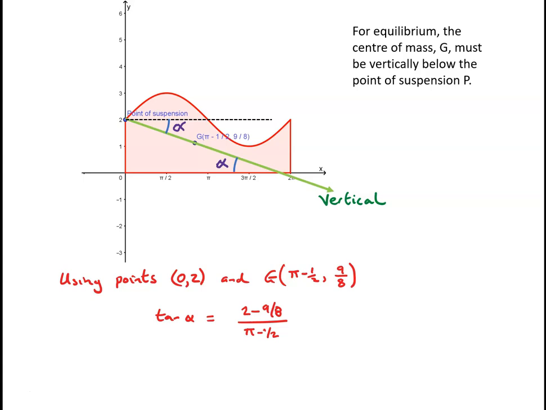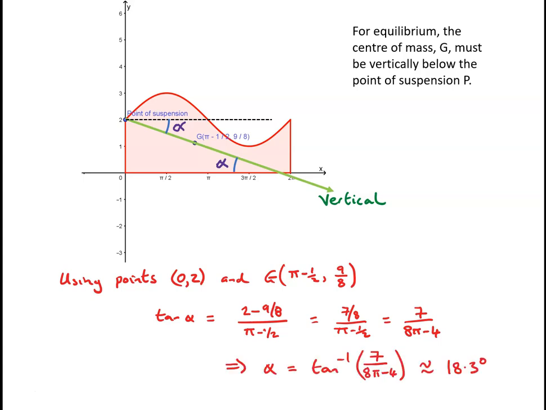So tan alpha is 2 minus 9 over 8 divided by pi minus a half, which simplifies to 7/8 over pi minus a half, or 7 over 8 pi minus 4. So alpha is tan to the minus 1 of 7 divided by 8 pi minus 4, or roughly 18.3 degrees.